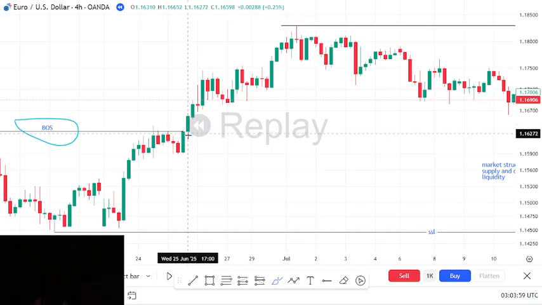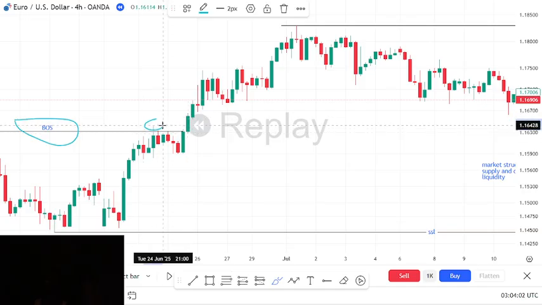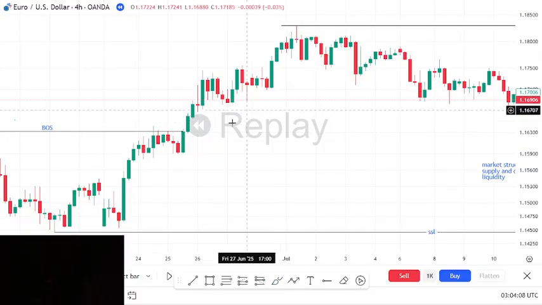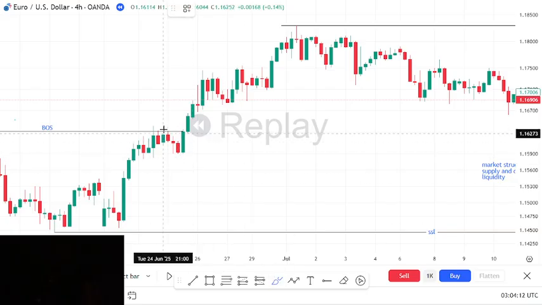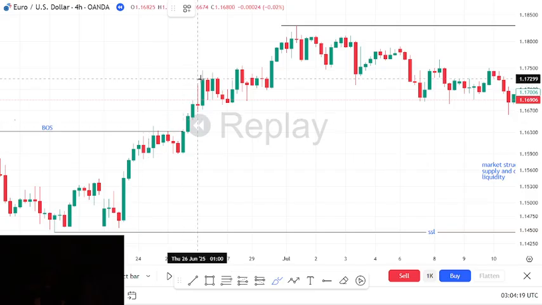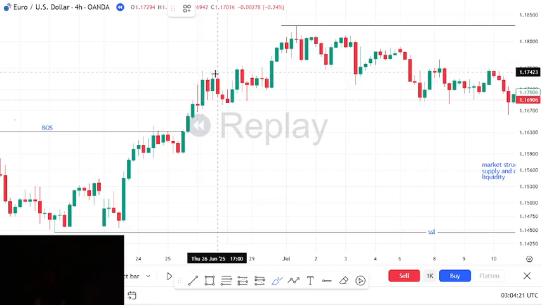A real break of structure. But when you get a break through like this, it is not a break of structure. This is just, in liquidity terms, a liquidity sweep, right? Price coming to sweep liquidity, so that we can use it as fuel to move.